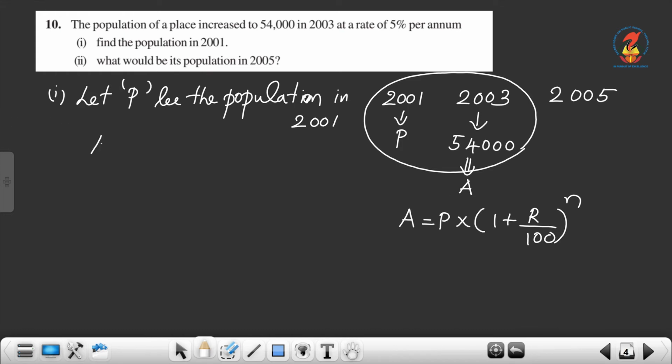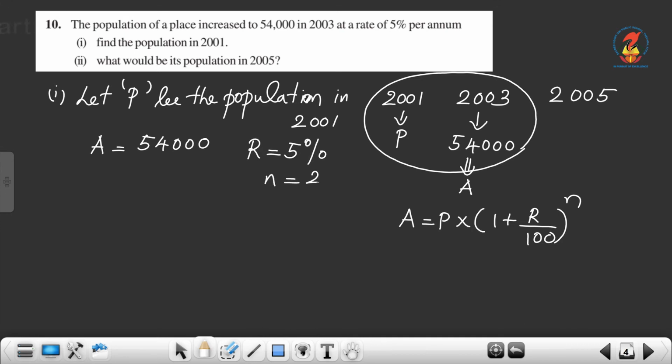And the value of A is the population in 2003, that is 54,000. And the rate is 5% per annum. So the population increases at the rate of 5% per annum, R equal to 5%. And you have to find out the population, that means 2 years back you have to find out.